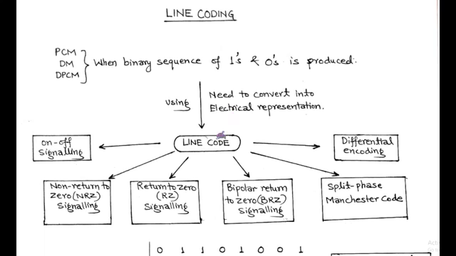So here line code is used to convert the binary sequence into the most appropriate form, and they are on-off signaling, non-return to zero signaling, that is NRZ, return to zero signaling, that is RZ, bipolar return to zero signaling, that is BRZ, split phase or Manchester code, and lastly differential encoding.